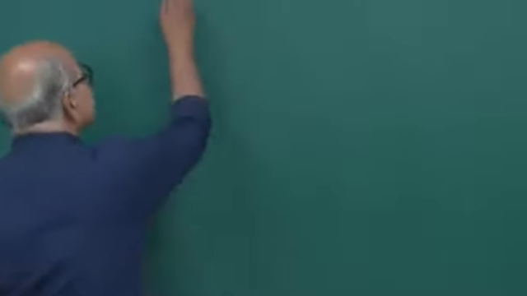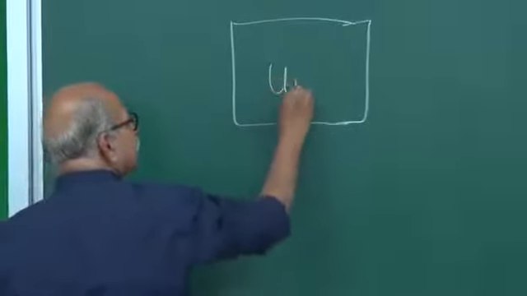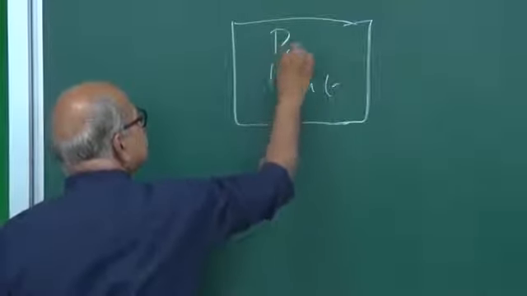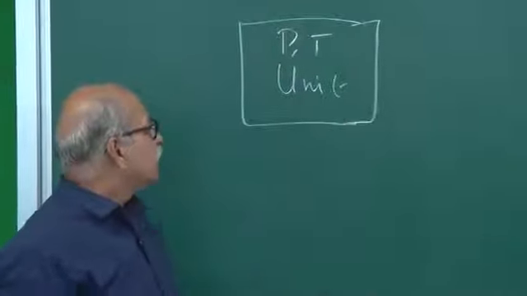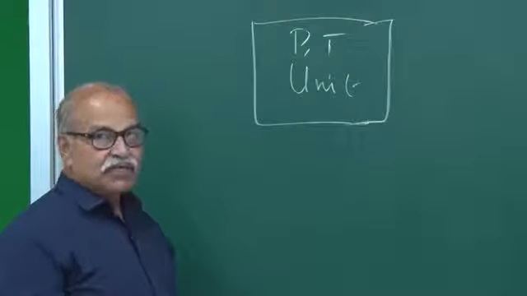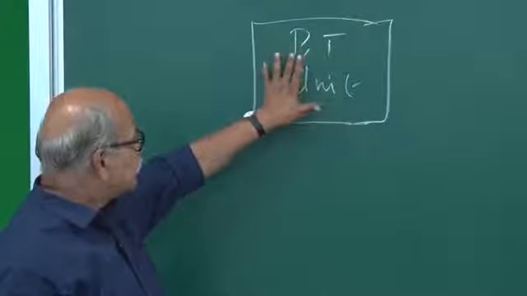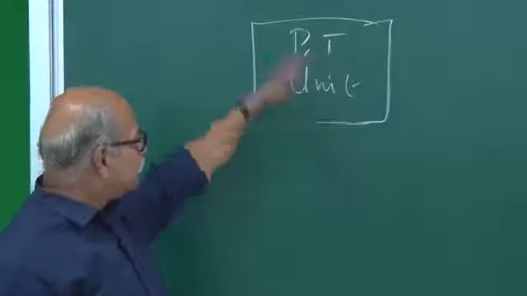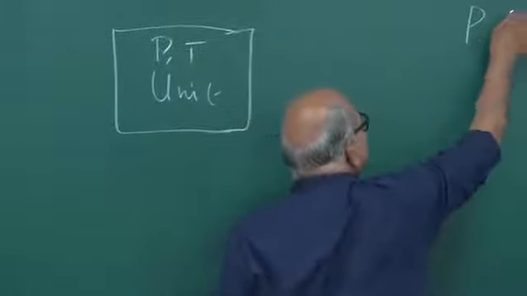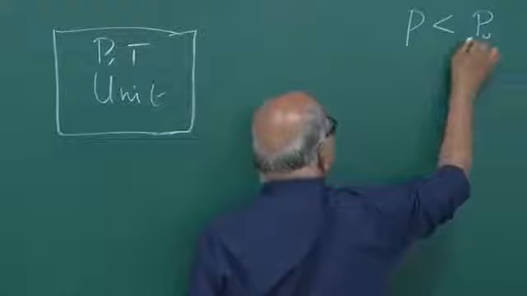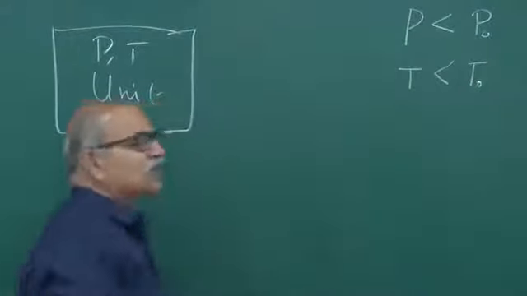Suppose I have this unit here, this is our unit, and in this unit we have some pressure and we have some temperature, and some processing is going on, and pressure is building and temperature is building, and in a steady state there should be some fixed pressure and temperature which could vary a little bit, but this P should not go beyond, P should be less than P naught, and this T should be less than or equal to T naught.